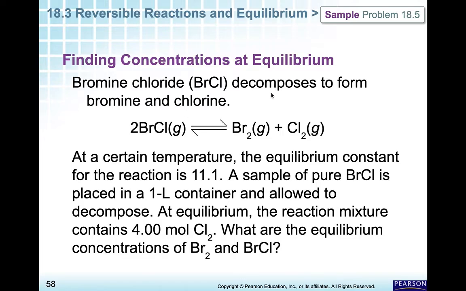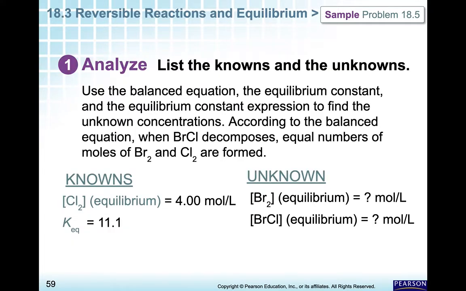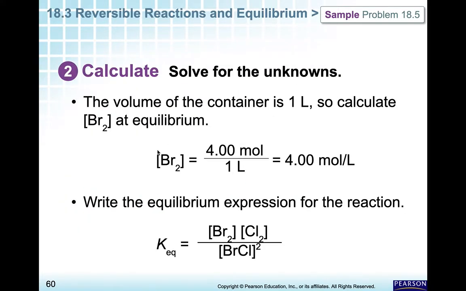If enough broke up to make 4 moles of chlorine, we also have to have that other half, the 4 moles of bromine, floating around somewhere. We know these have to be equal because they have equal coefficients, equal stoichiometry. So that's our first step.